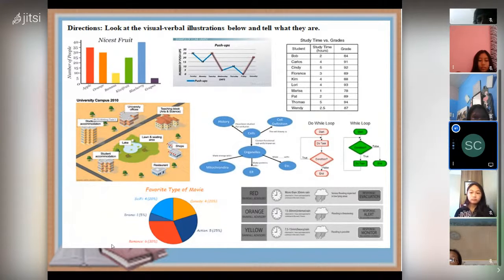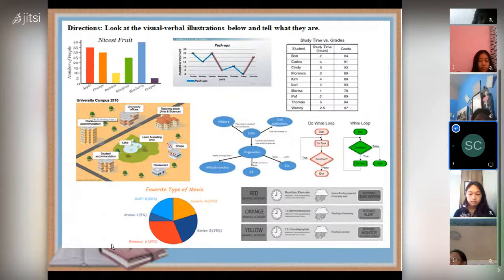Now, number 1 says it is a combination of visual images and text presentation. Are there visual images in the picture?